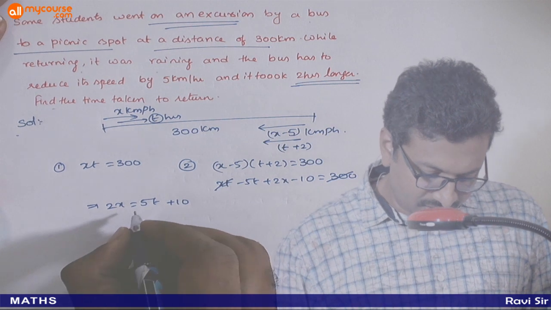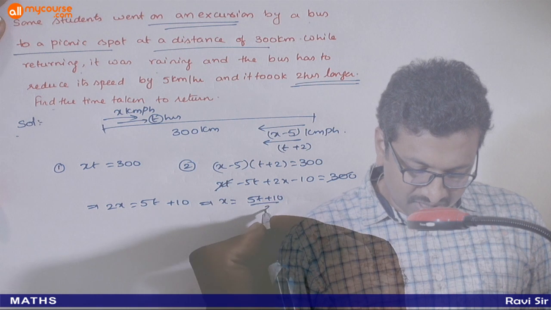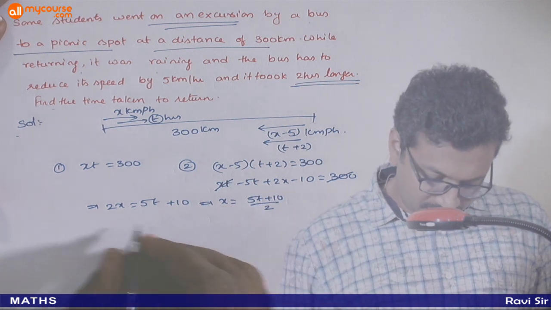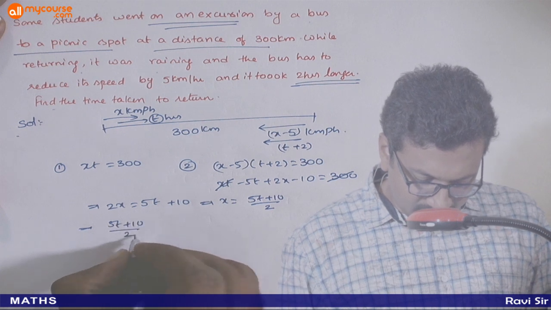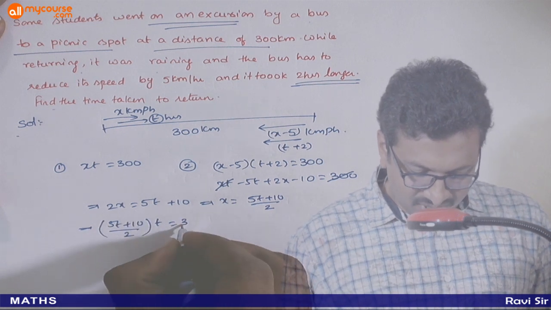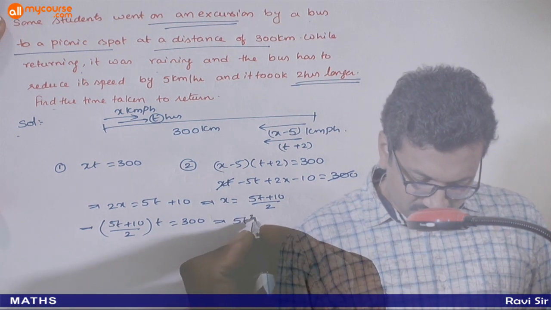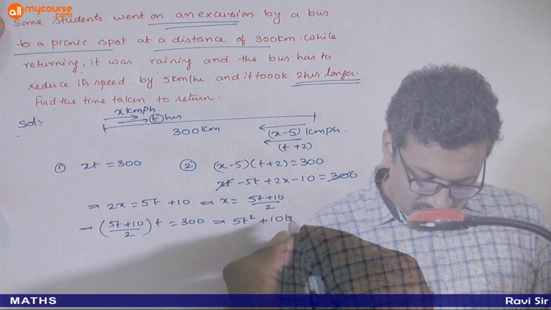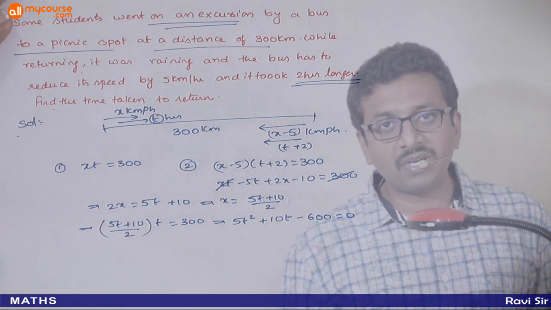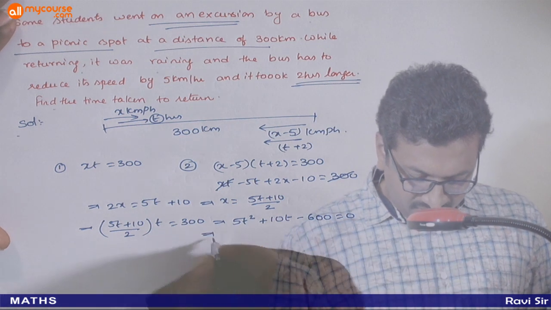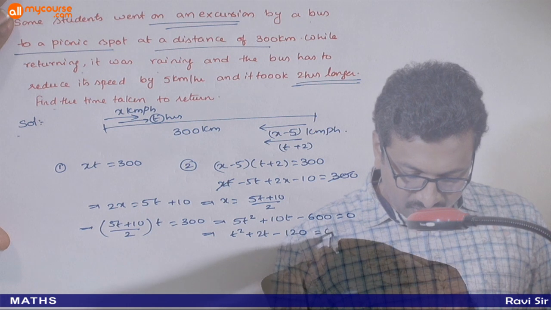So x is equal to (5t plus 10) by 2. Substitute. So (5t plus 10) by 2 times t is equal to 300. So 5t square plus 10t minus 600 is equal to 0 after cross multiplication. Cancelling a 5, t square plus 2t minus 120 is equal to 0.